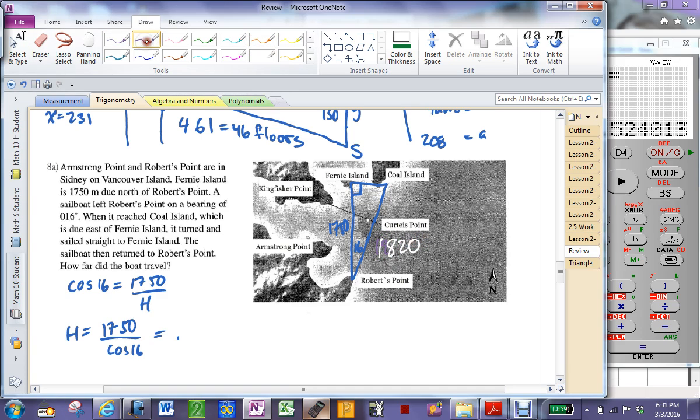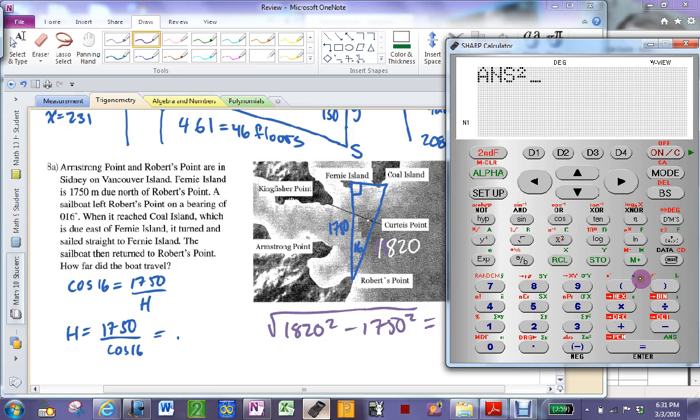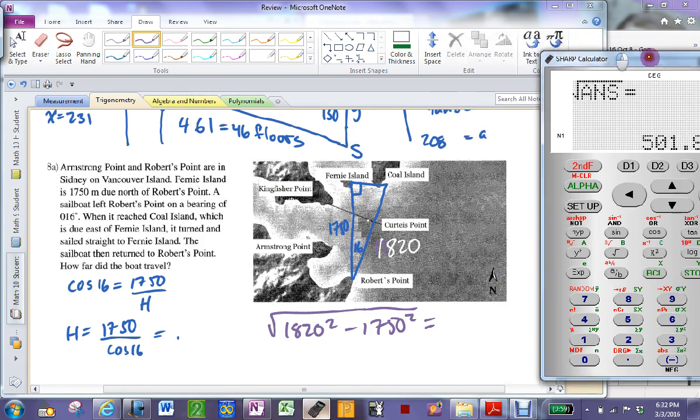Then, square root of 1820 squared minus 1750 squared will get me the third side. 1820 squared minus 1750 squared equals that, and then I do a square root, not a cube root, a square root, and I get 501.